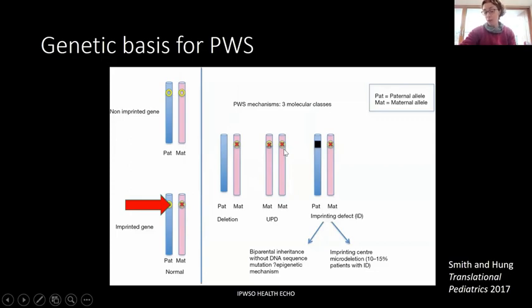There are a couple of different ways that can happen during meiosis with an early segregation of the chromosomes, or in fact, after conception in a post-zygotic change, an individual will, in either all or the majority of the cells of the body, have only the maternal copies of that chromosome. There is no paternal copy. Both copies are imprinted, and there's no expression of genes at the imprinted locus.